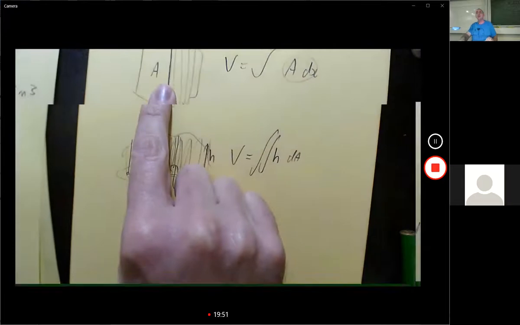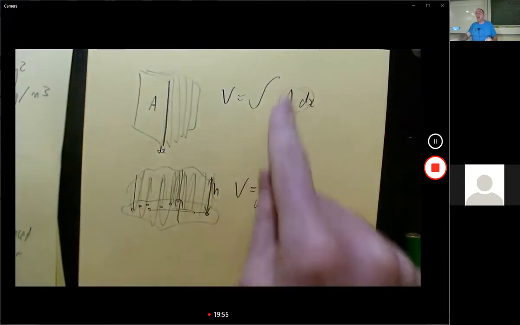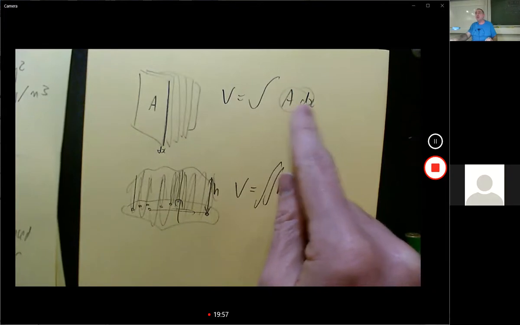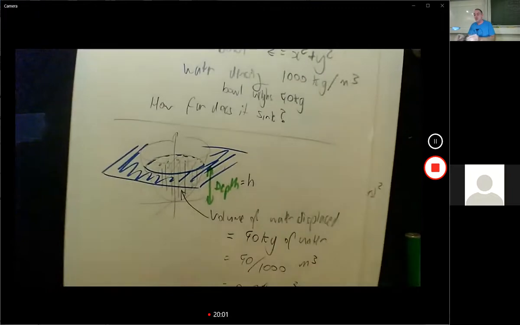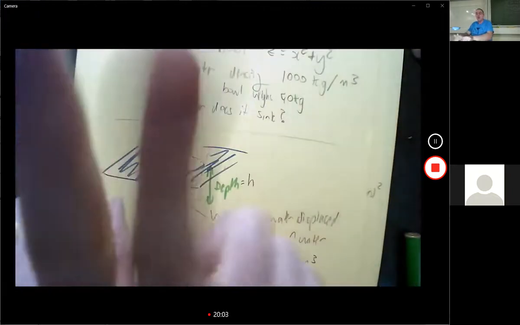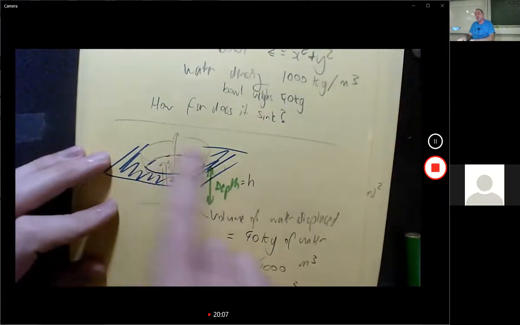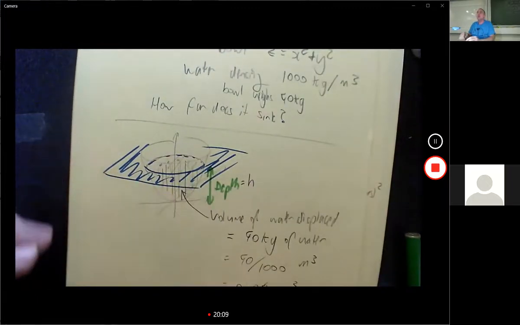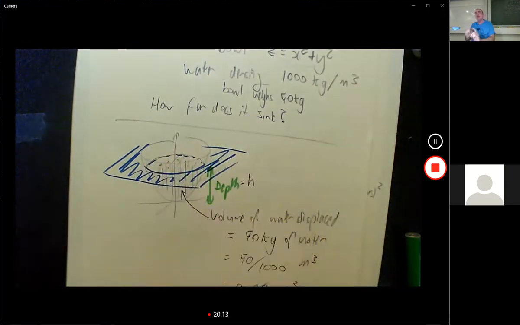Each height has a slice that has an area, and I can go the area times the width, the tiny little piece of slice across the different heights. That would produce the volume. I could also imagine this being made up of a whole lot of thin sticks all glued together vertically to produce this shape. As long as I can figure out how long the stick is at every position, that will produce the volume.